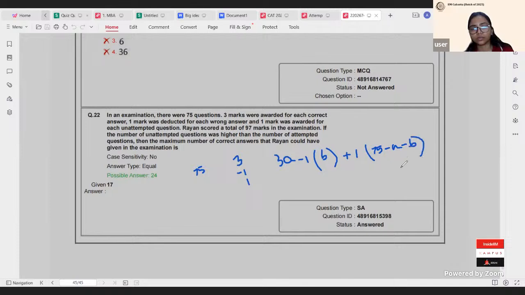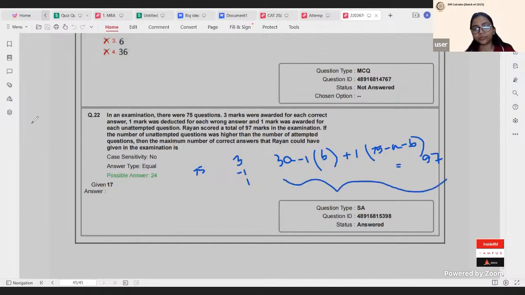This is essentially 97. We need to find the maximum value of questions that Ryan has attempted. That is basically maximize the value of a and b.